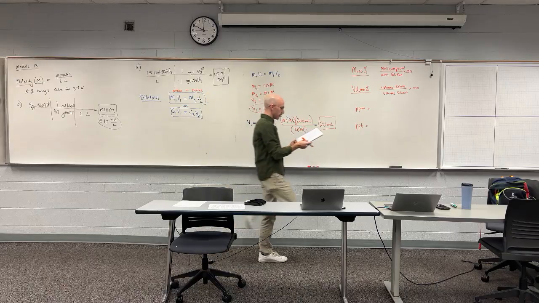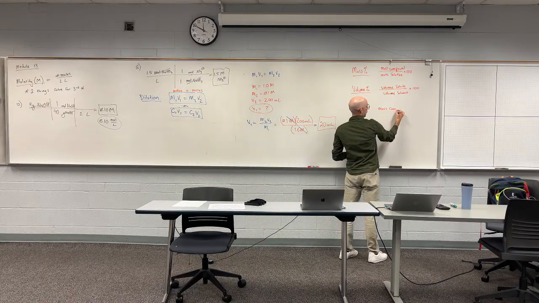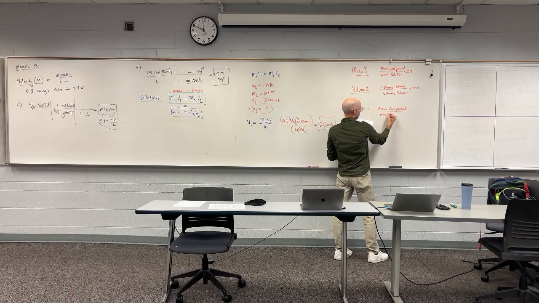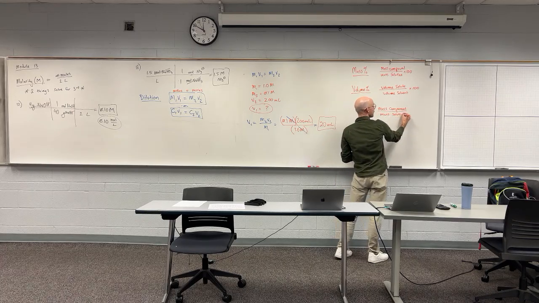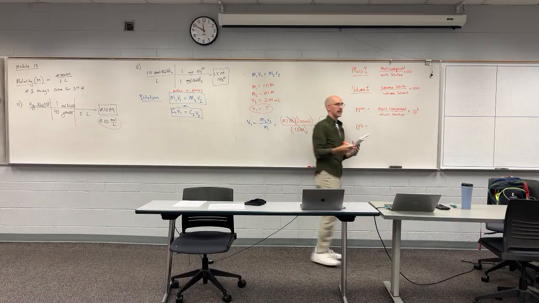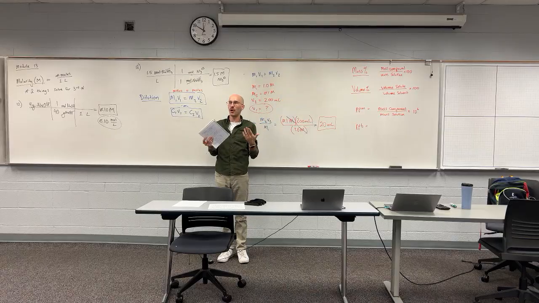Parts per million, parts per billion. This is the mass of your component divided by the mass of the solution times a million. Just like how you do times 100, that's basically parts per 100. Percent.